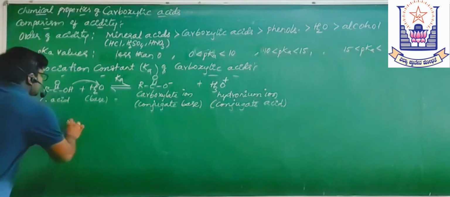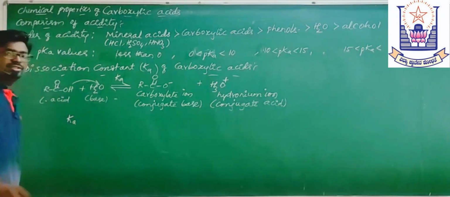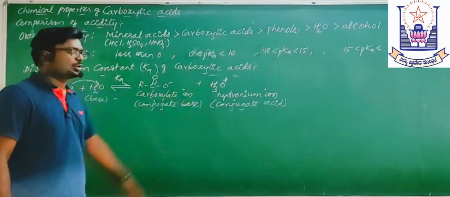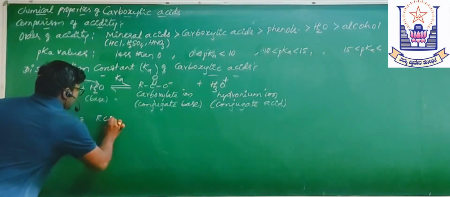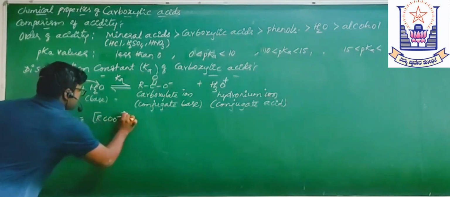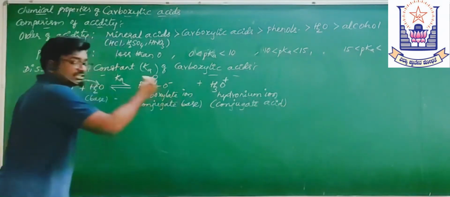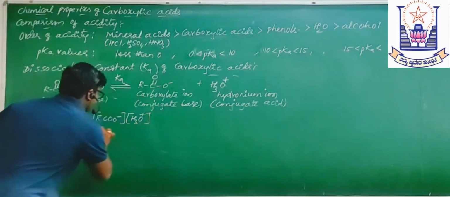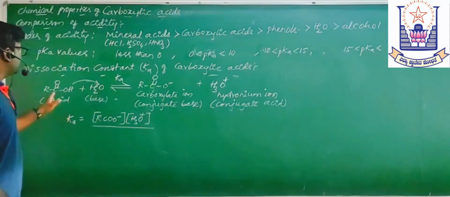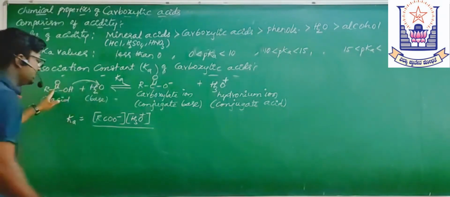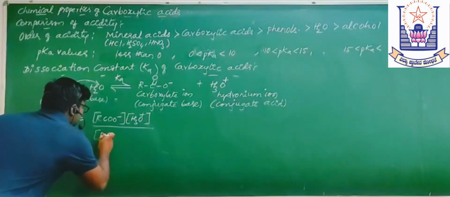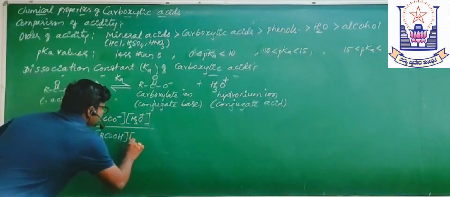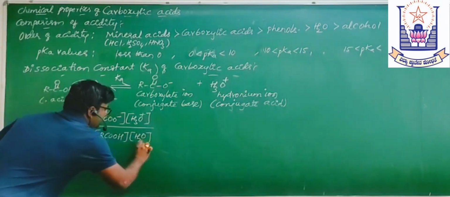When you calculate the dissociation constant Ka, we take the product of the concentrations of the products, the concentration of RCOO minus multiplied by the concentration of the hydronium ion, H3O plus, divided by the product of the concentrations of the reactants, the concentration of RCOOH and the concentration of water.